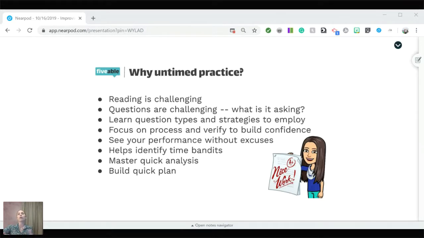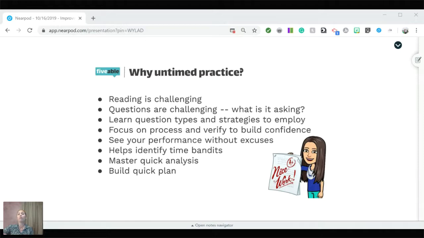So by going through and looking at it in an untimed manner, breaking down the question, identifying the question stems, I now know which type of question stem I can answer in 30 seconds without looking back at the text, and which one I might need 2 minutes for and might need to check back at the text. And that's a powerful tool when you move into the timed practice later.